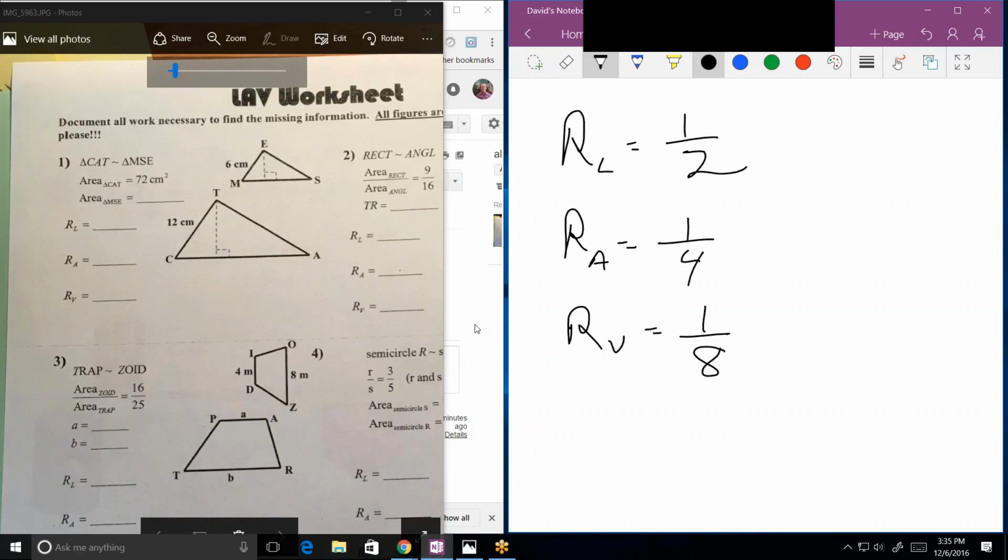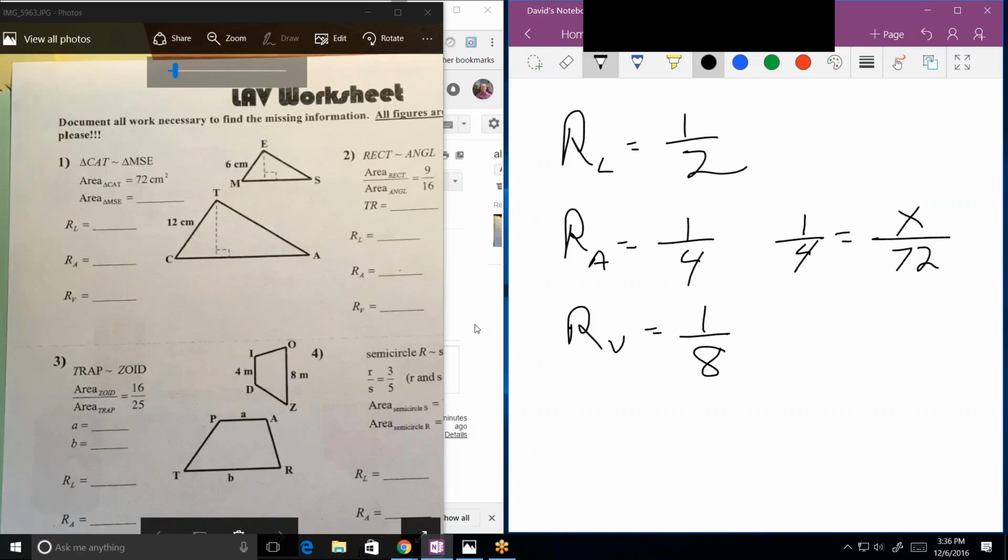Would you do like 1 over 4 equals x over 72? Well, if you want to set up a ratio, then you can say 1 is to 4 as x is to 72, the big goes on the bottom. So if I'm solving for x, that's the ratio I'm going to set up. X is basically going to be 1/4 of 72, right?